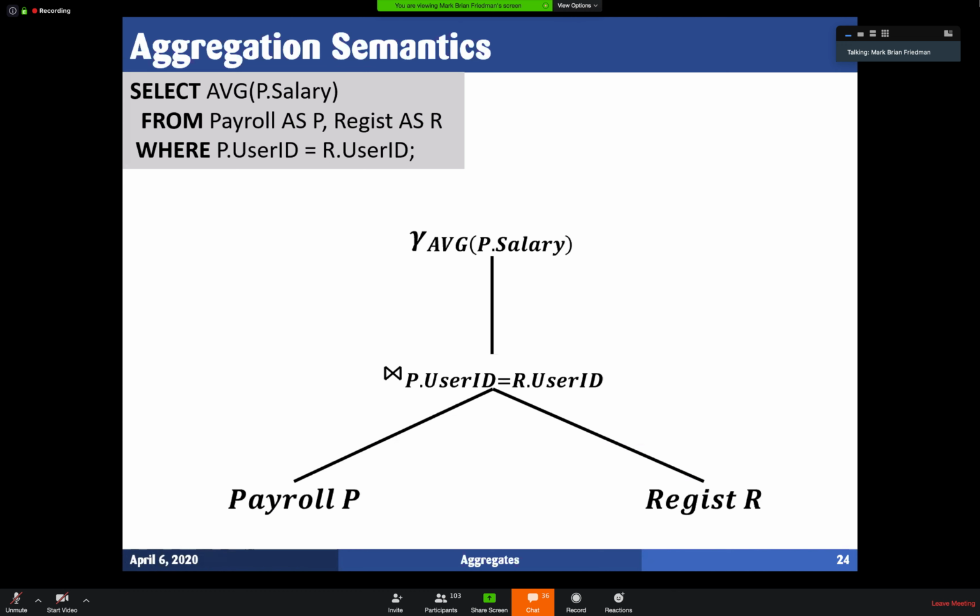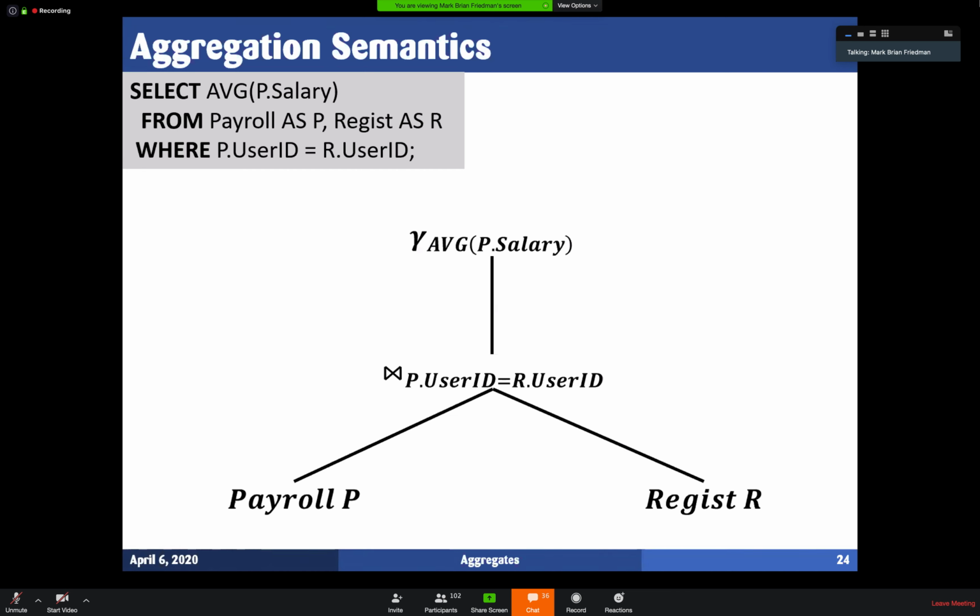And why you got into trouble in the previous example is because you didn't realize the order in which this would occur, which is we're going to access payroll P, we're going to access registration relation R, and we're going to then do the join, and then we're going to do the aggregate. So if you don't want that order, you have to specifically specify some other way of computing this.